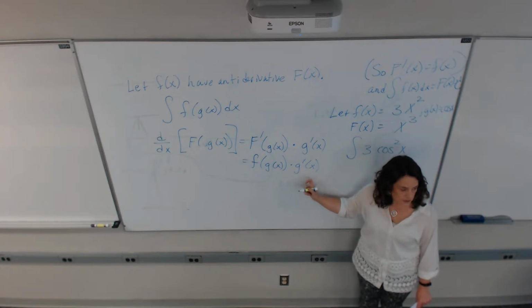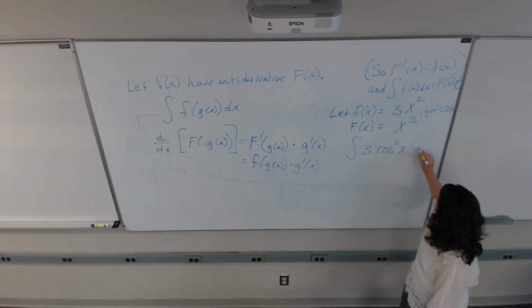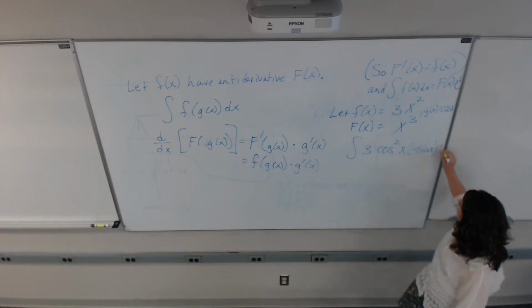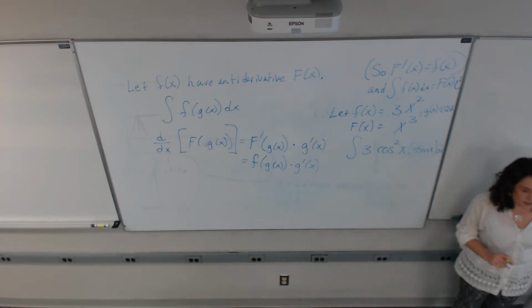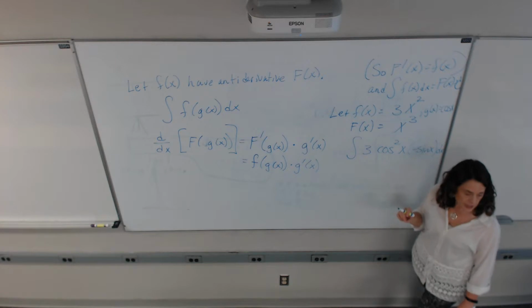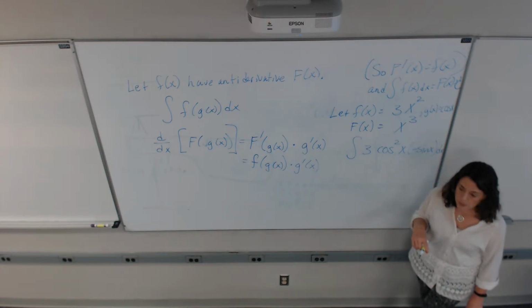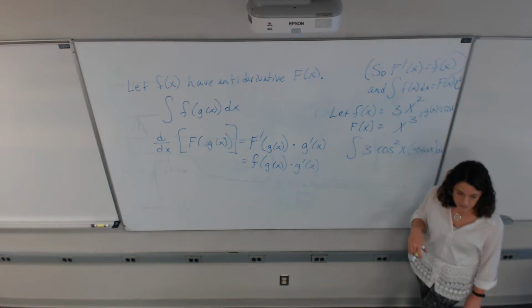What's the derivative of g? What's the derivative of cosine? Negative sine. I would have to have another factor of negative sine of x or sine of x to be able to do it. I don't have to worry about the negative because I can always put in and take out the negative if I want, by multiplying by negative 1 over negative 1, right?